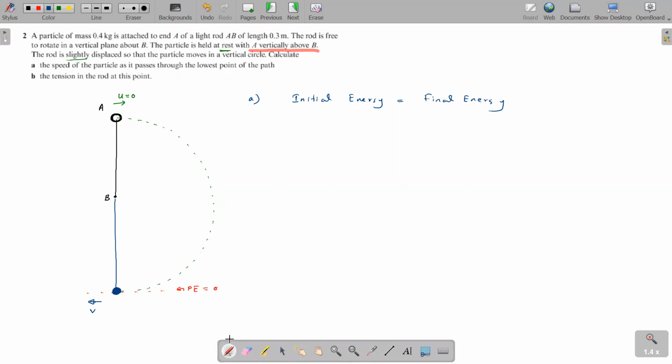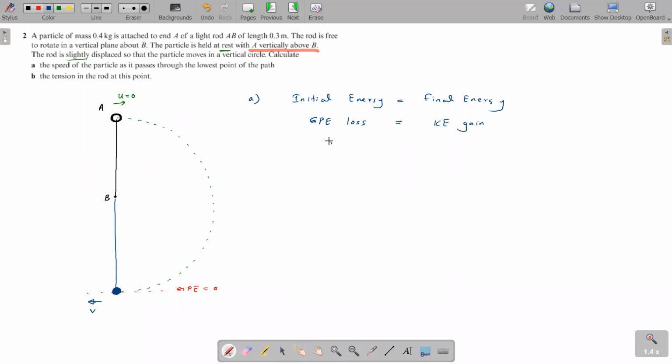Do you agree? You completely lose it, because from here to here it's completely gone. At the bottom point you don't have any height, so there's no GPE, but you have gained a certain velocity, so you have kinetic energy. So this is the GPE loss, KE gain, and these two are equal to each other, right?